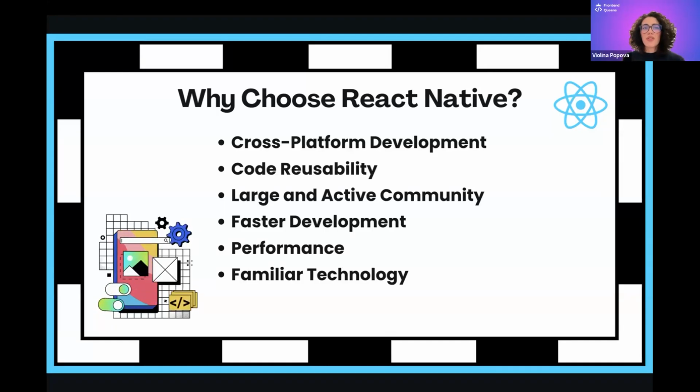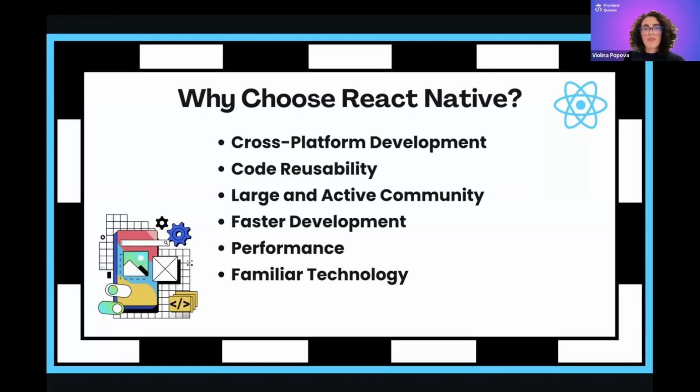Imagine being able to write your application code once and then deploy it on both major mobile platforms, iOS and Android. React Native makes this a reality. This significantly saves you time, effort, and ultimately resources. Instead of having two separate development teams writing essentially the same app in different languages, you can have a single team leveraging React Native.